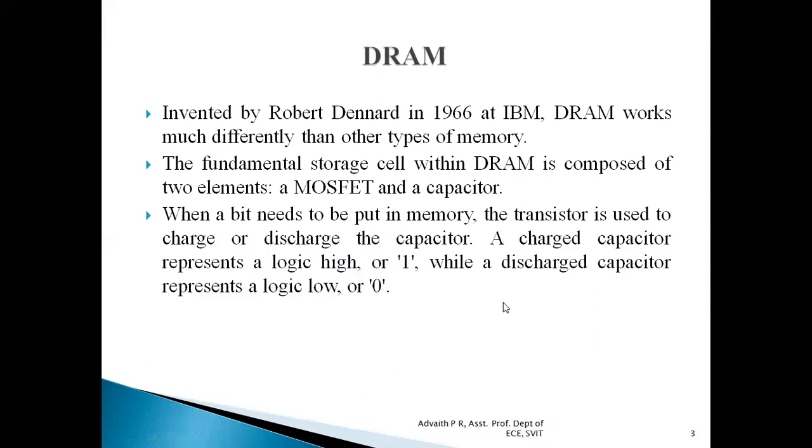When a bit needs to be written into the memory, the MOSFET is used to charge or discharge the capacitor. A charged capacitor represents a logic level high, which is 1, while a discharged capacitor represents logic level low, which is 0.